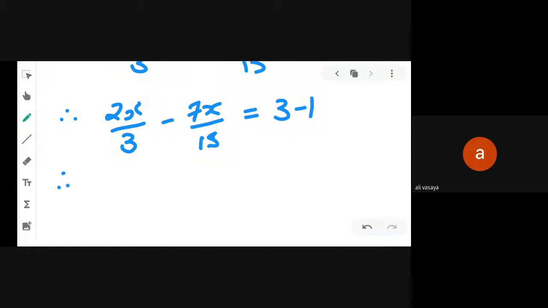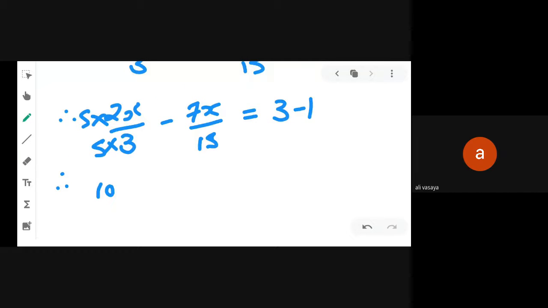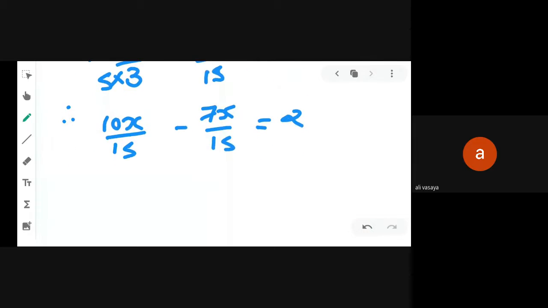Now if you want to subtract or add these two rational numbers, we have no equal denominator, so first we make equal denominator, and for this we are multiplying with 5. 5 3s are 15, so it becomes equal denominator, right? So in numerator 5 2s are 10x divided by 15 minus 7x by 15 is equal to 3 minus 1, 2. Now if denominators are equal, we can subtract or add numerators.